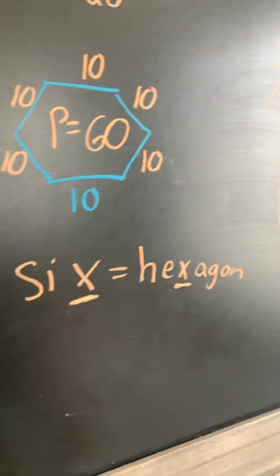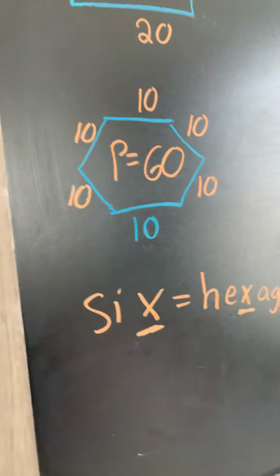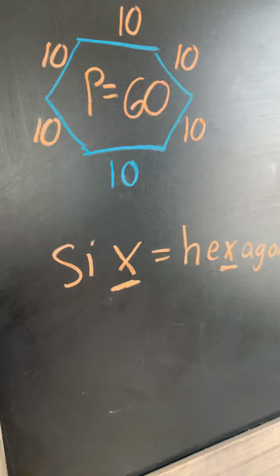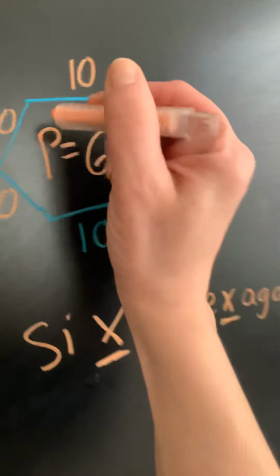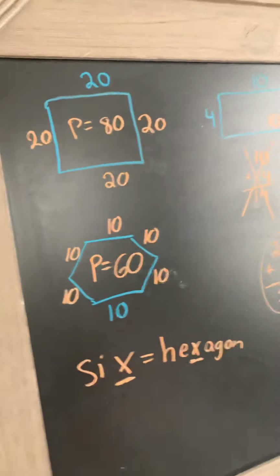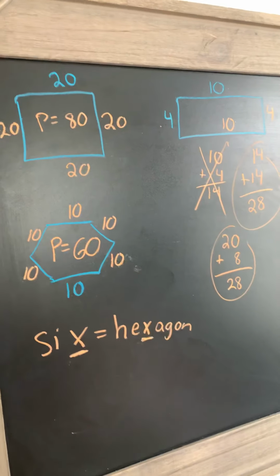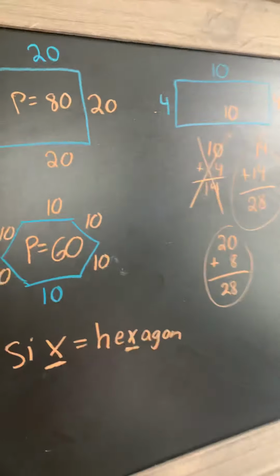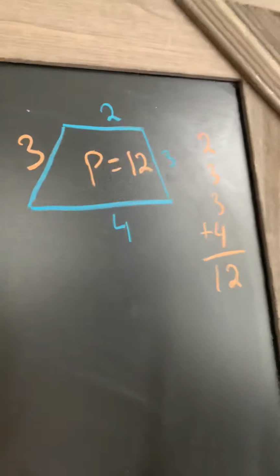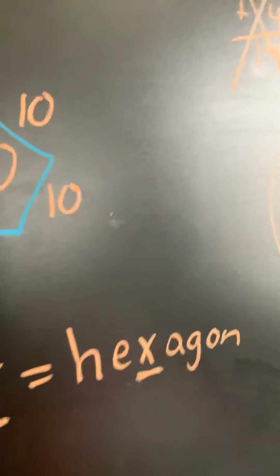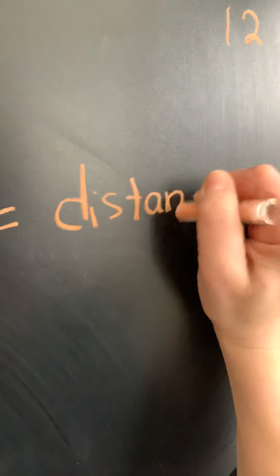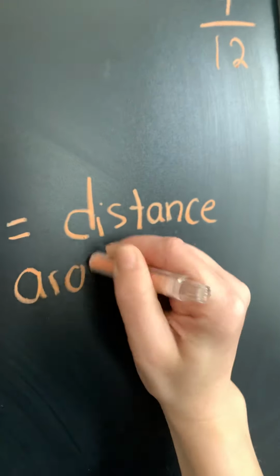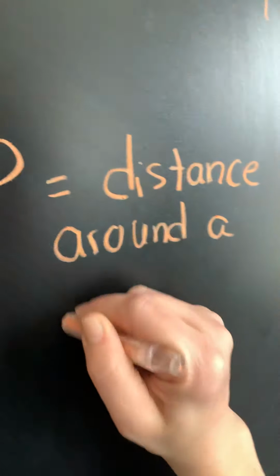But it's not always going to be that easy. They could give you like the number 12 or the number 19 or the number 7. It could be anything. But I wanted to give you an easy number so that we could practice easily. So this is another way that you could see perimeter asked. They will give you part of the sides, and then you'll have to go in and fill in the missing sides and make sure you still add up all the sides, because perimeter, that P is for perimeter, is the distance around a figure.